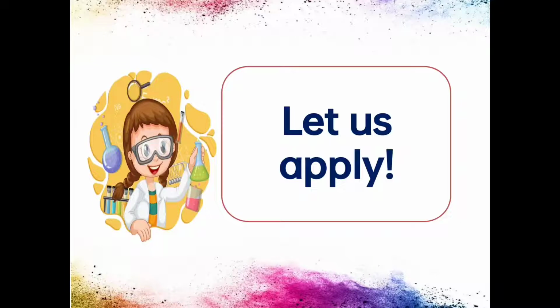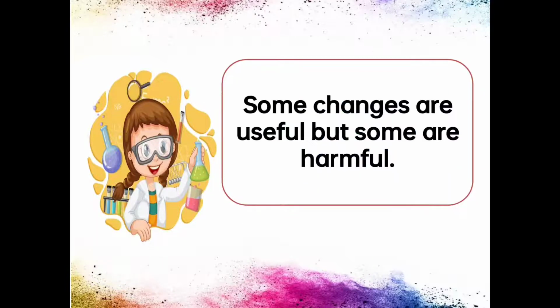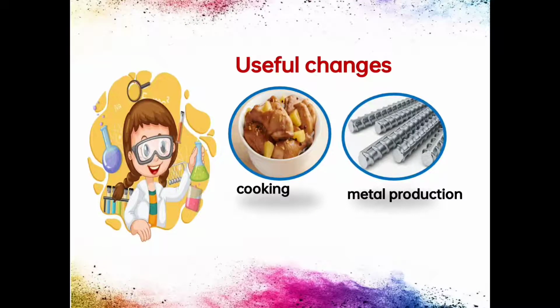Now kids, let us apply what we've learned. Be cautious in combining two or more materials. Some changes are useful, but some are harmful. These are examples of useful changes. It applies in cooking when we put together all the ingredients to create a delicious meal.